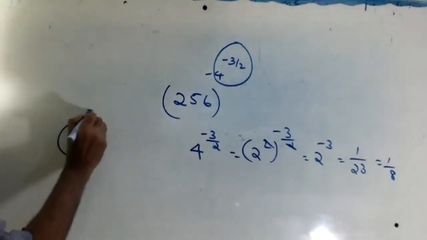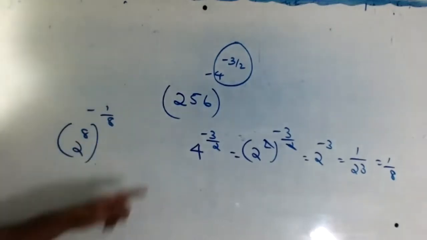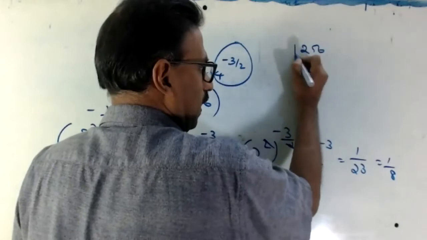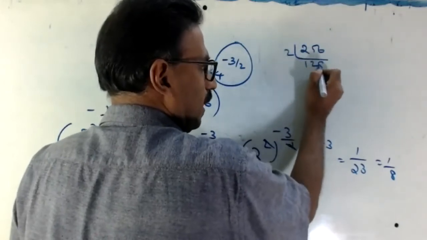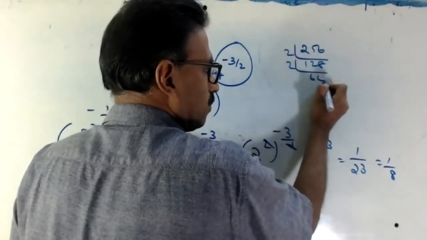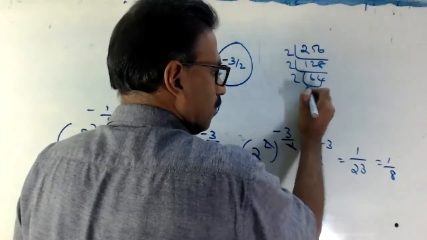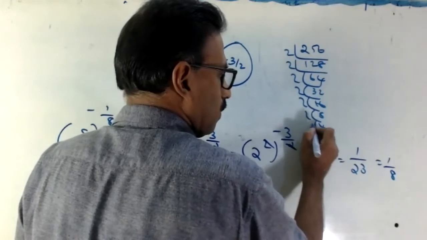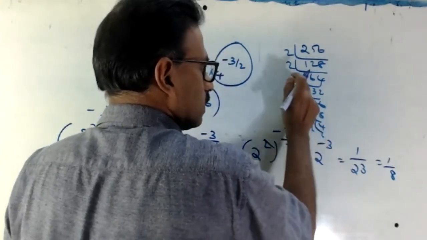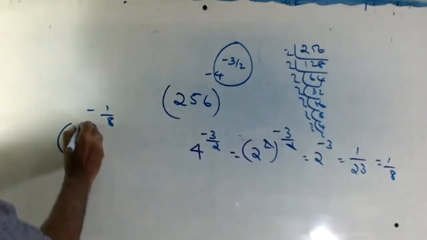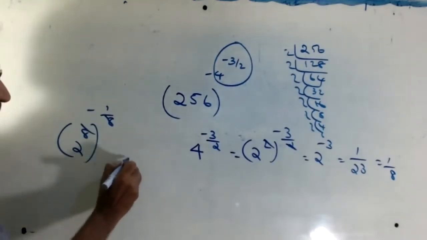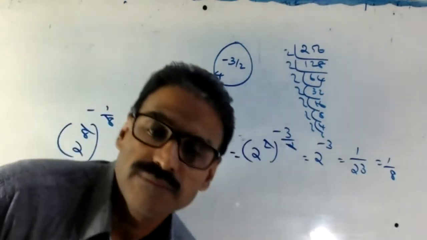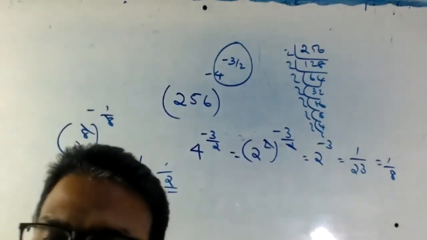How raised to minus 1 by 8. How 256, the newcomers, latecomers, 256 you can write like this: 2, 128, 2, 64, 2, 32, 2, 16, 2, 8, 4, 2, 2, 1, 2, 3, 4, 5, 6, 7, 8, like that. So 8 cancel. So that is 2 raised to minus 1. Answer is what? 1 by 2. Anybody got? Not 2, 1 by 2.